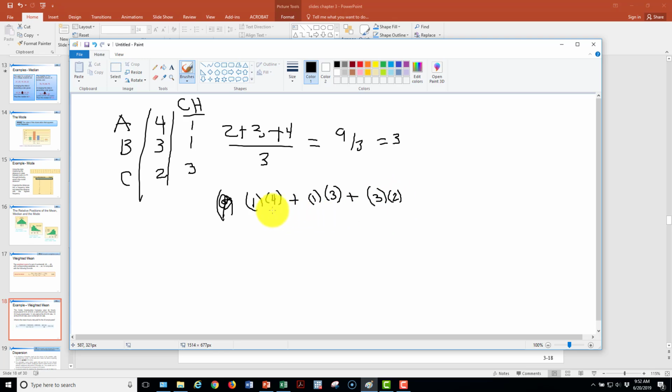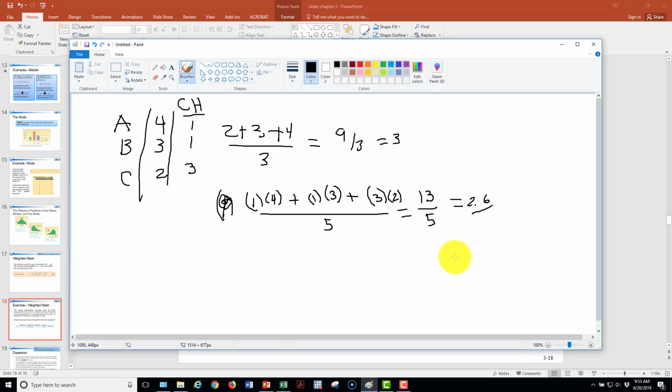Then I divide by the summation of the weights, which is 1 plus 1 plus 3, all the credit hours, so 5 credit hours. The numerator gives you 13, 4 plus 3, 7, plus 6, 13, divided by 5, and that is 2.6.